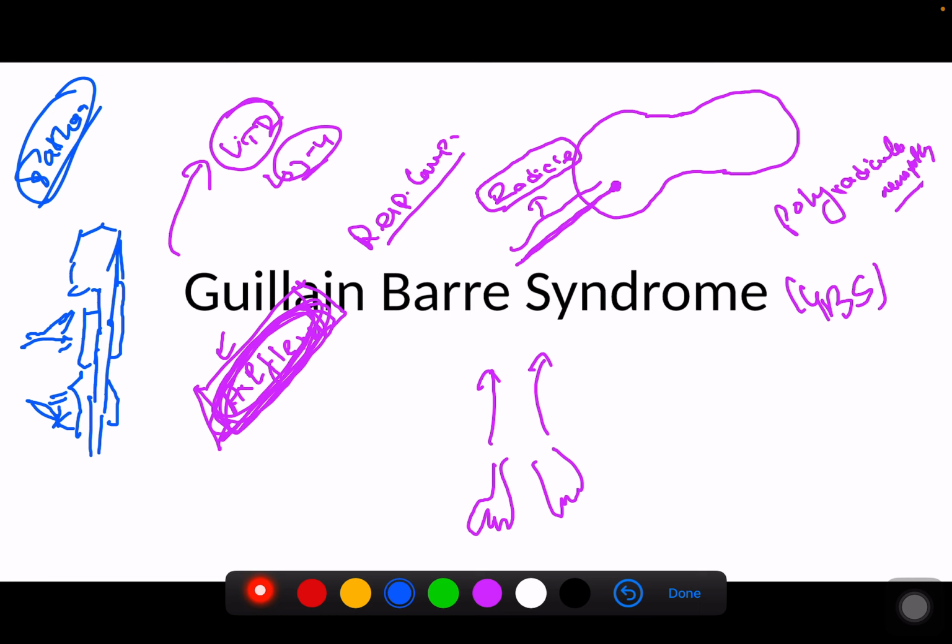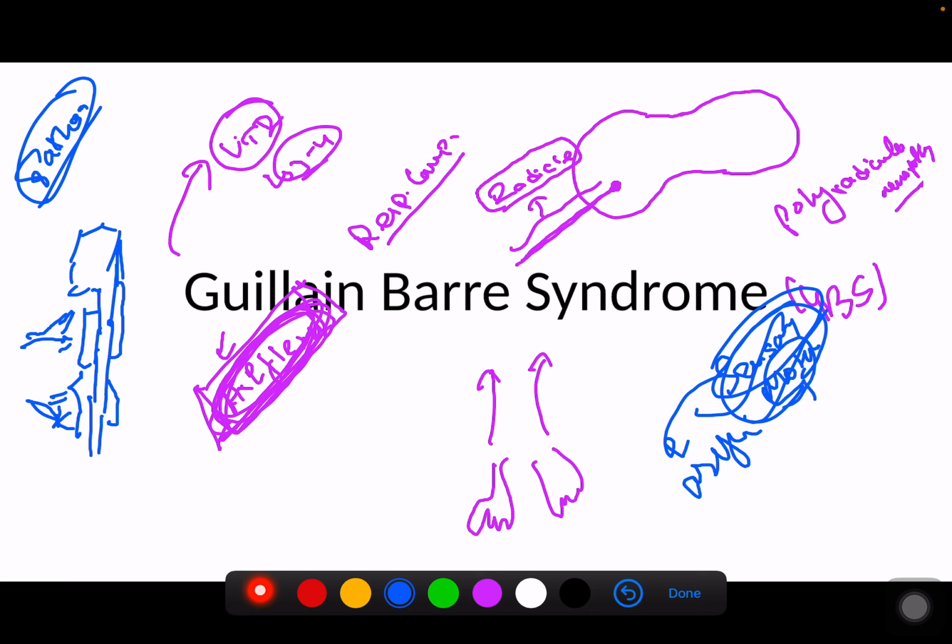It's both sensory as well as motor. Sensory, as in there is areflexia, and motor, in that there is weakness.